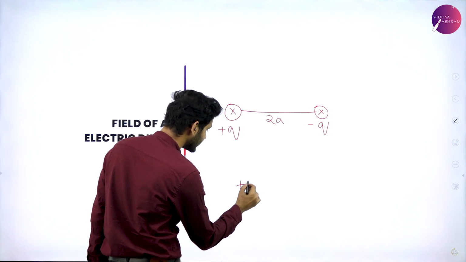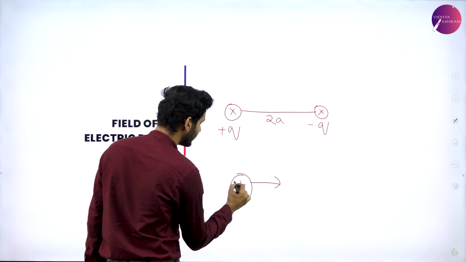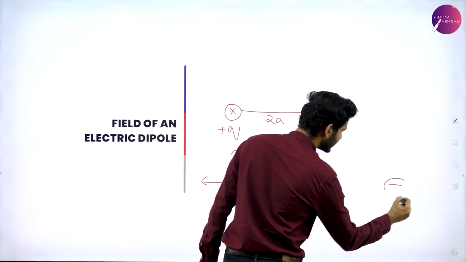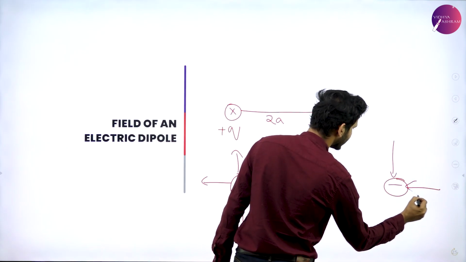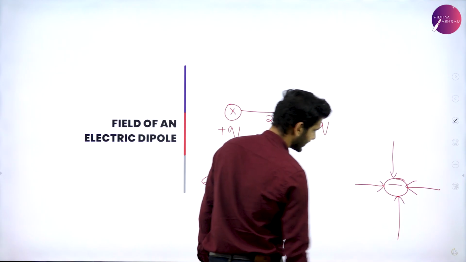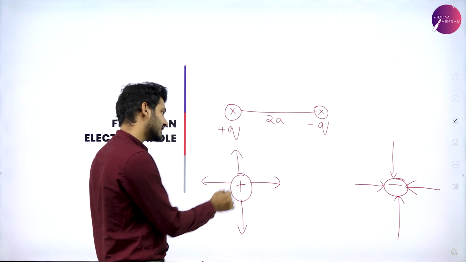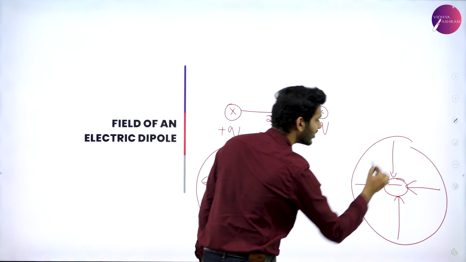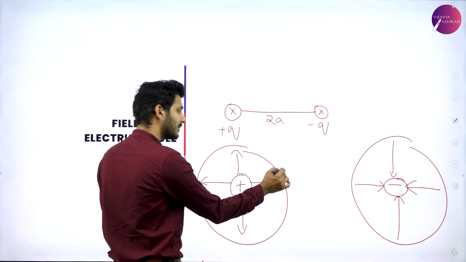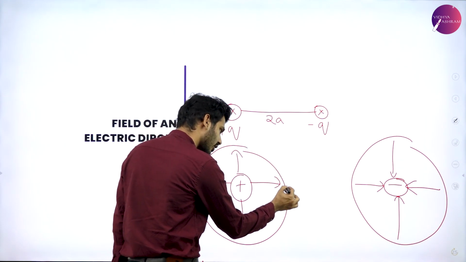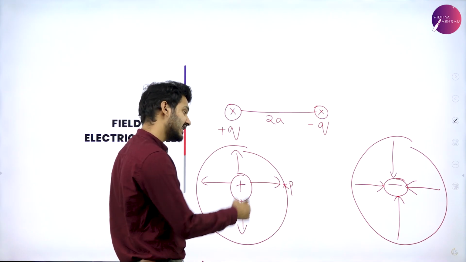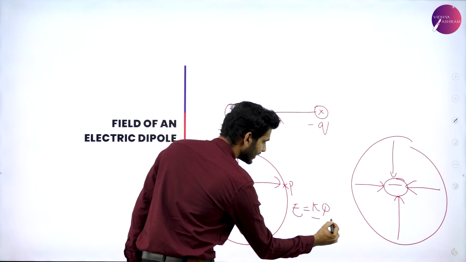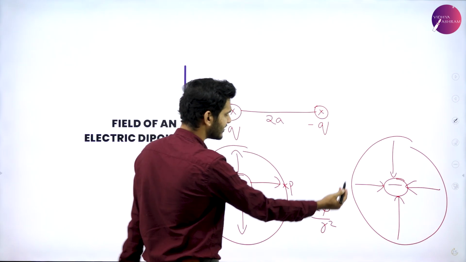If it is a positive charge, then the electric field lines will be pointing outwards, and if it is a negative charge, then the electric field lines will be pointing inwards. We already know that. And we also know that there is an electric field around this particle. So there will be electric fields around charged particles. And if we place a test charge or we take a point here P, we know that the electric field will be equal to KQ divided by R square. Similarly, the negative charge also will be there.